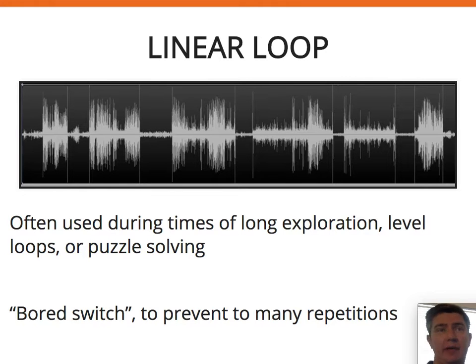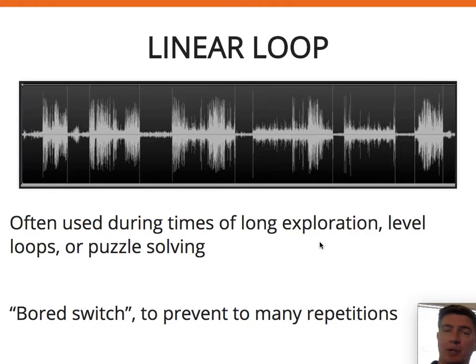So a lot of games have what's known as a board switch, which is, okay, the music is about to get boring and repetitive, so let's go ahead and switch it off. You have a 3 minute long piece of music.